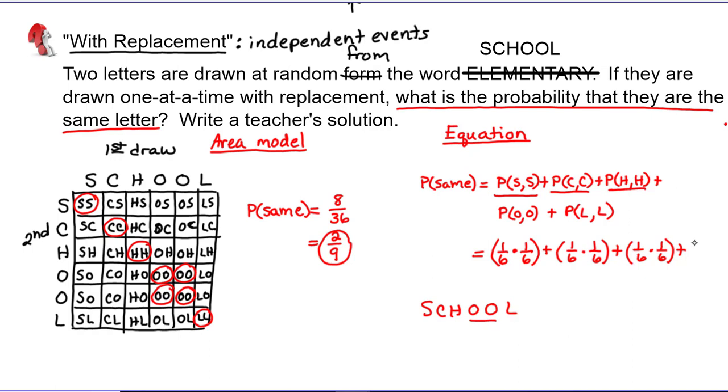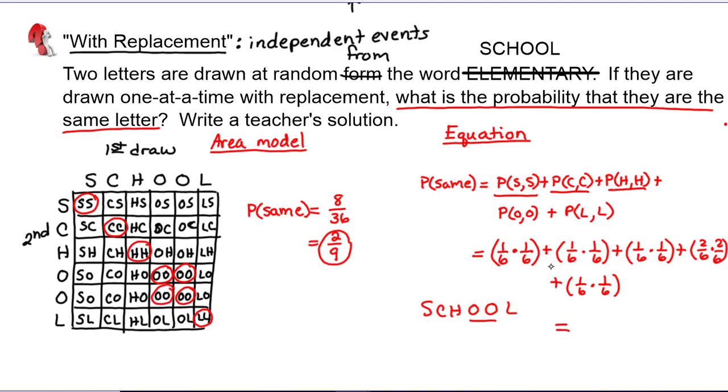Now I have two O's, so the probability is 2/6 times 2/6, plus the probability of an L, which is 1/6 times 1/6.